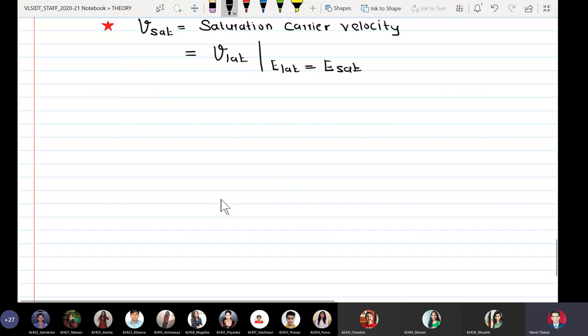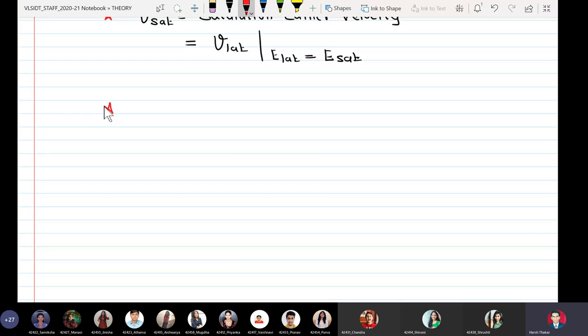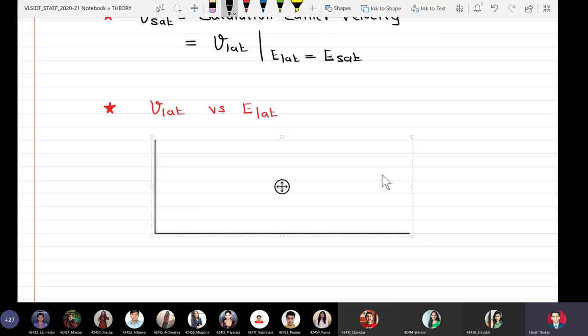Hence we can plot a graph of V lat versus E lat. Saturation field strength.